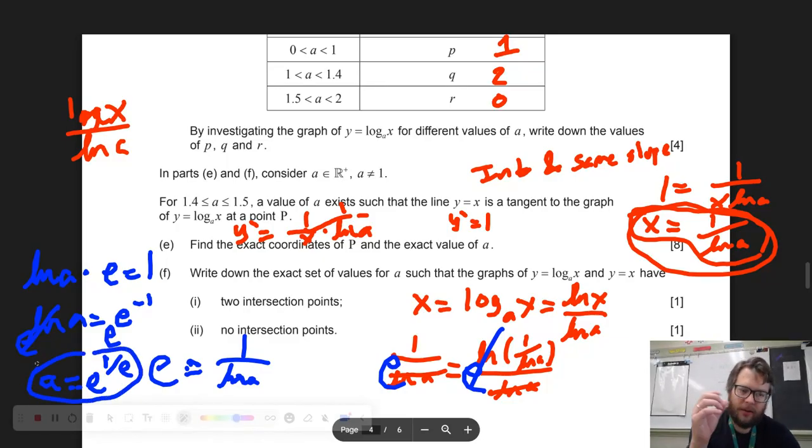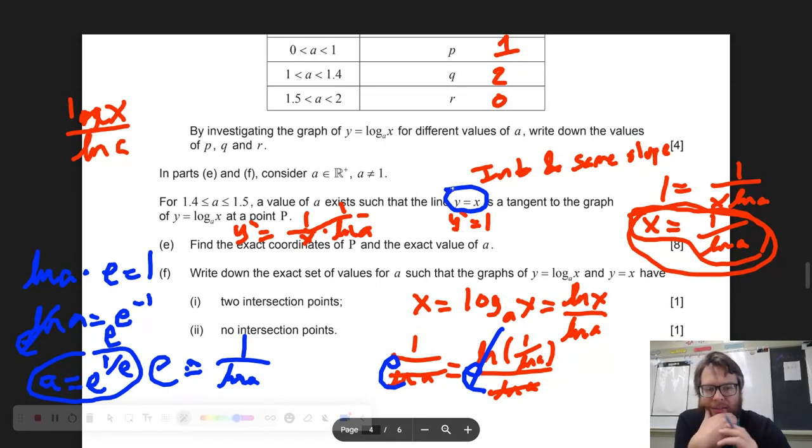That a value will make our graphs intersect and have the same slope. So find the exact coordinates of P and the exact value of a. Now here's the nice thing about the point P. The point P is on the line y equals x.